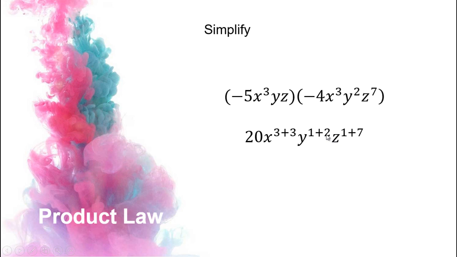Then z, still no exponent visible, so 1 plus 7. Now, let's simplify this further by adding the exponents. Our final answer will be 20x to the power of 6, y to the power of 3, z to the power of 8. That is now your final answer.